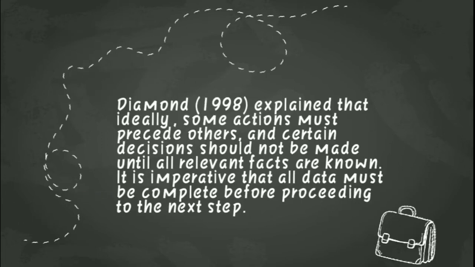Next, he explained that ideally some actions must precede others, and certain decisions should not be made until all relevant facts are known. It is imperative that all data be complete before proceeding to the next step. In this curriculum, as in others, it also undergoes a process.